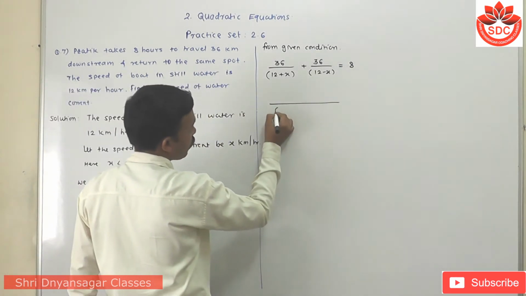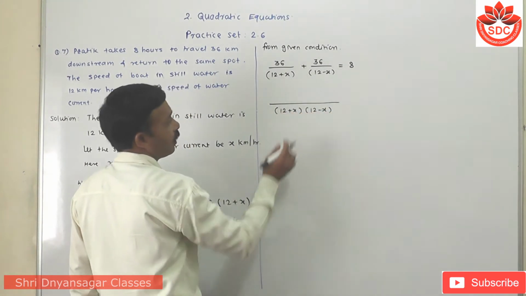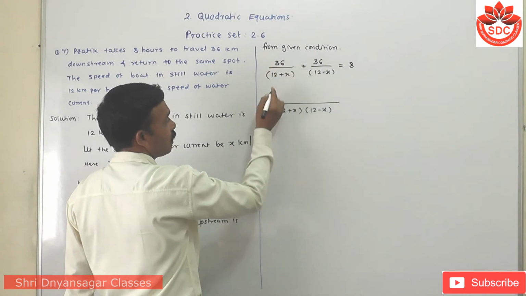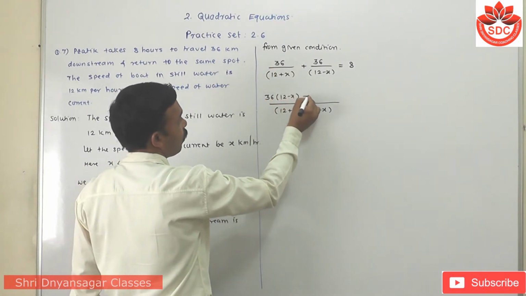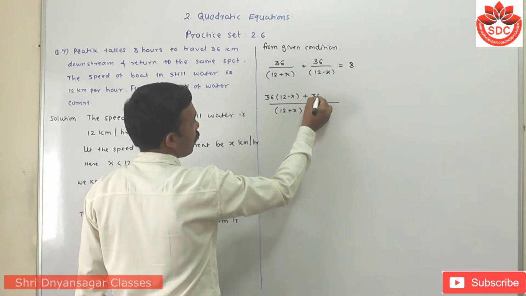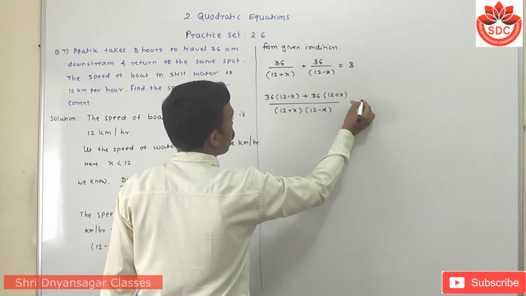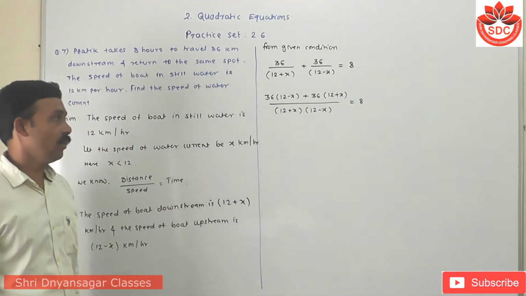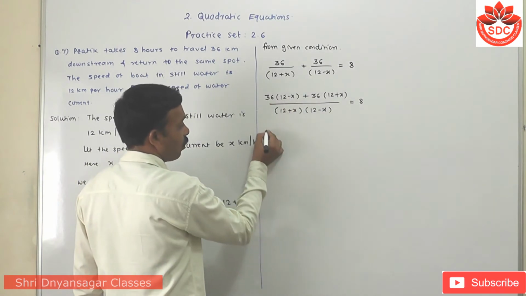The LCM is 12 plus x times 12 minus x. Then multiply 12 minus x by 36. That is, 36 into 12 minus x plus 36 into 12 plus x is equal to 8. Look carefully at the calculation. Then take 36 as common.